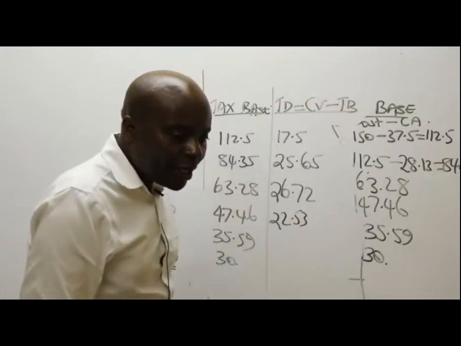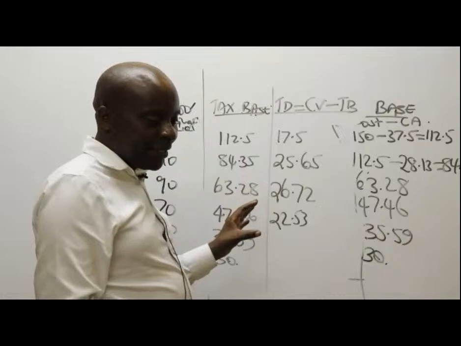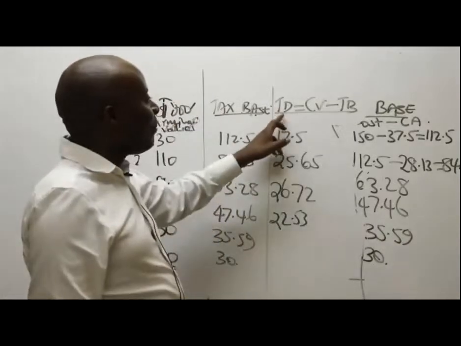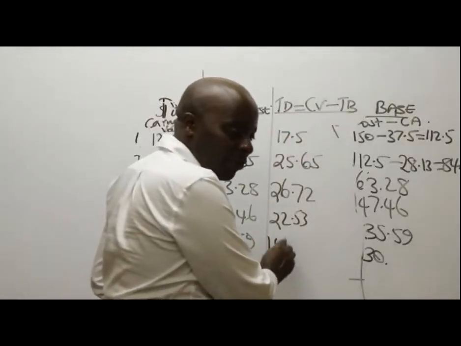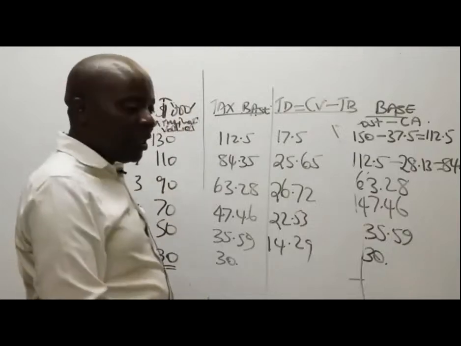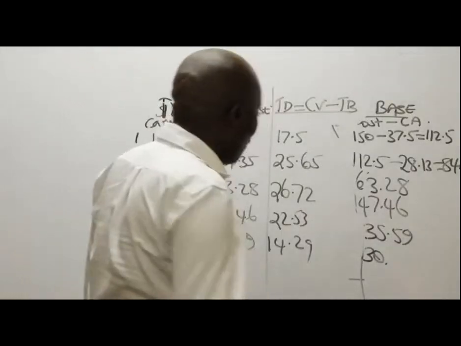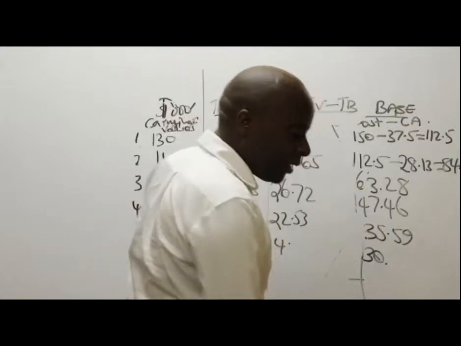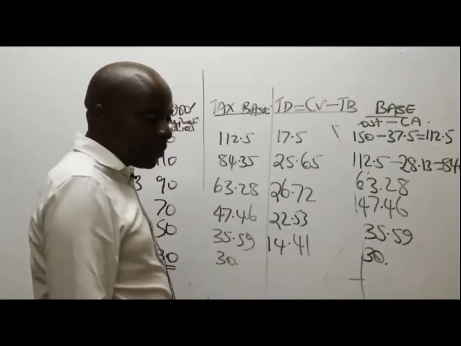Alafu tuko na 22.54. One and the same. We will not fight about that. TD stands for what? A temporary difference. Mary Kimani amesema ni 14.29. Zimeweza kuwa tofauti sana. Is it 14.29 ama 14.41? Aha, 14.41. And then the very last one, ladies and gentlemen, becomes what here?